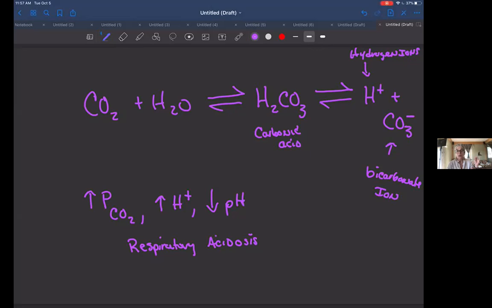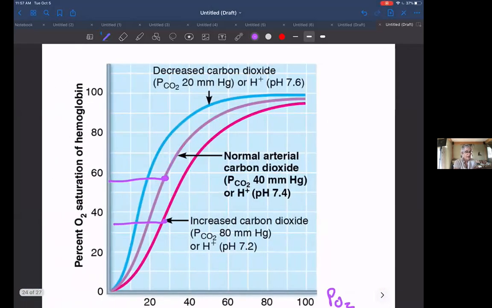So you have to maintain a relatively constant blood pH. If we look back at this diagram, that's why it shows that with a higher level of CO2, the pH decreases. Normally, blood pH is about 7.4. With high levels of CO2, it decreases.